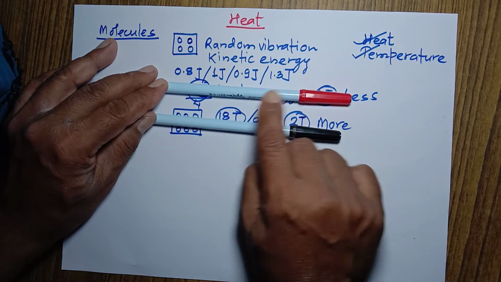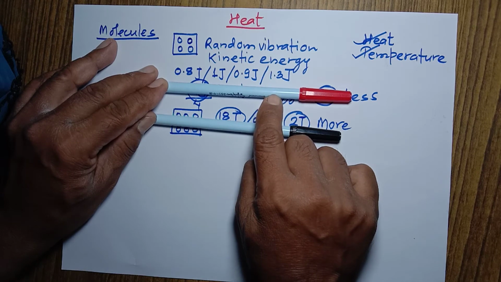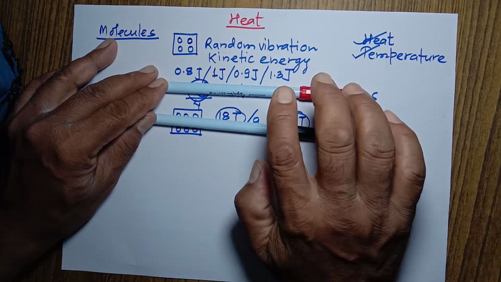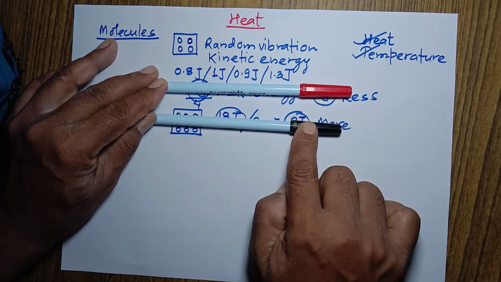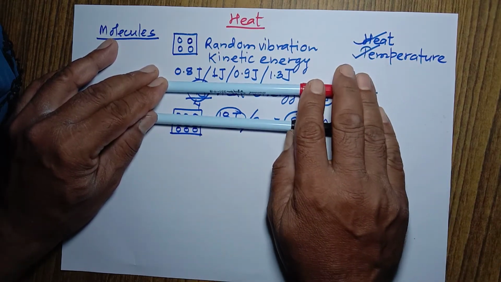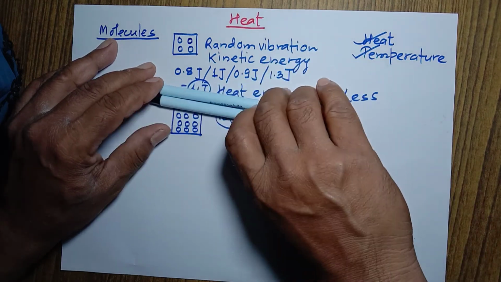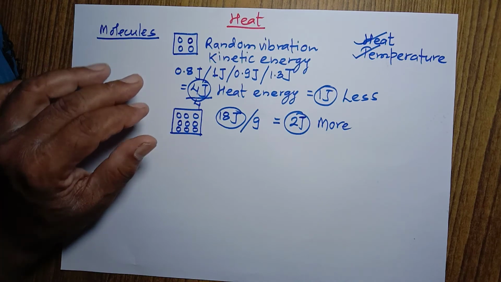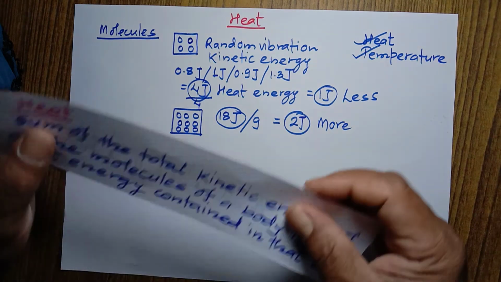That's why the mean or average kinetic energy of the molecules of this red side pane is greater than this one. In this way, the temperature can also be told as the rate of vibration of the molecules of the body. That's why sometimes temperature is defined like this also.